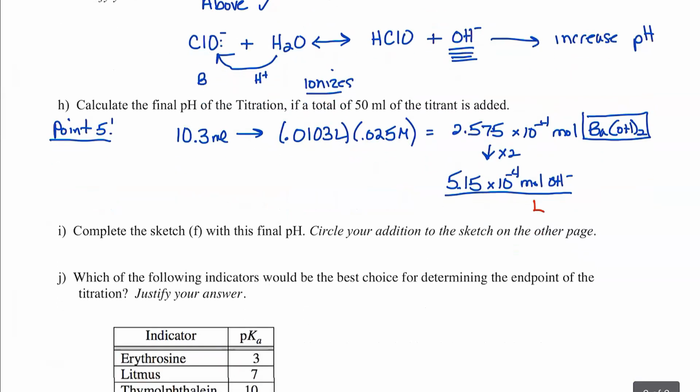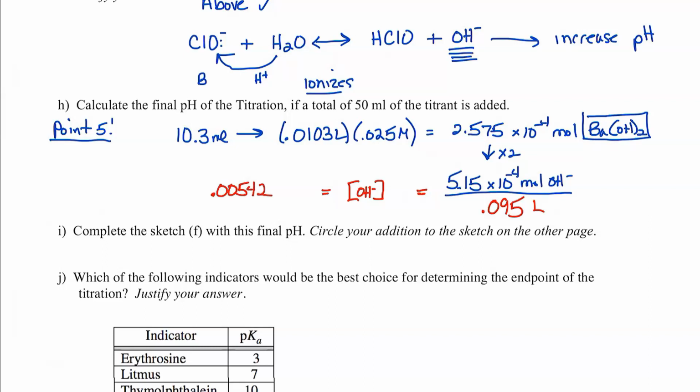Got to go to liters, 0.095 liters. So I'm going to divide that by 0.095 liters. And my concentration of my hydroxide is equal to 0.00542. Hey, that is great.